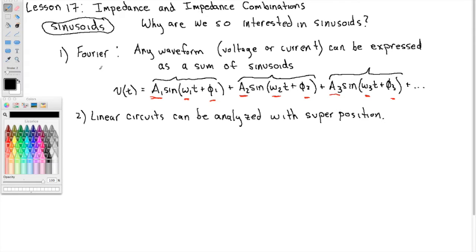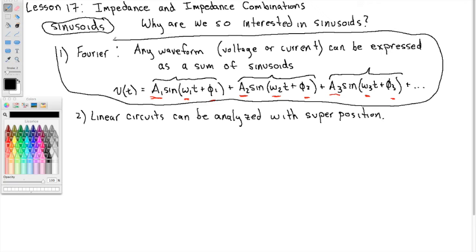Now, what I want to do is demonstrate this first thing to you, that any waveform can be expressed as a sum of sinusoids. I'm going to use a square wave because I know off the top of my head what its ingredients consist of. So, what is this A1, what is this A2, what is this A3?